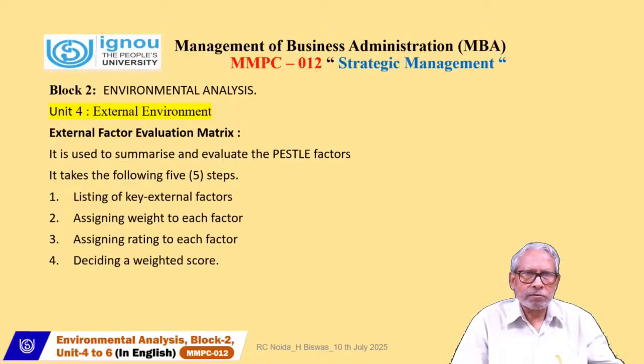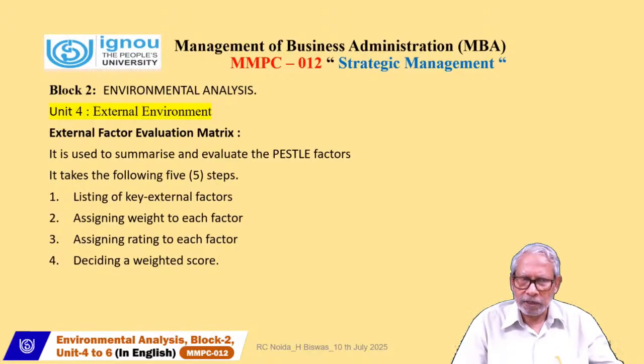Now external factors evaluation, some metrics are there, that is how to evaluate PESTEL factors further. Again, there are 5 steps. Listing of key external factors. What are the external factors that we have to list out? Then assigning the weight to each factor.